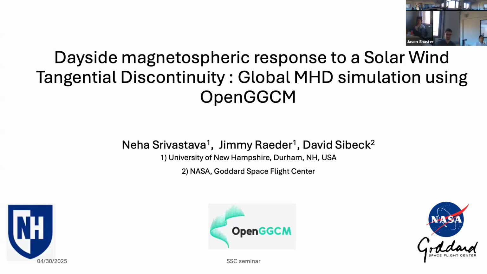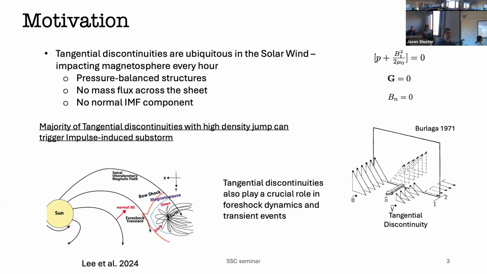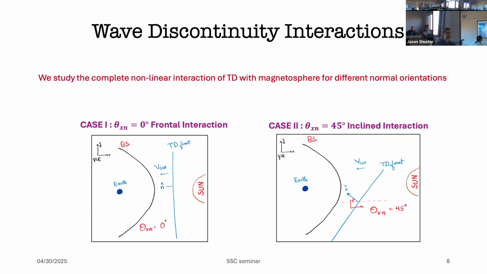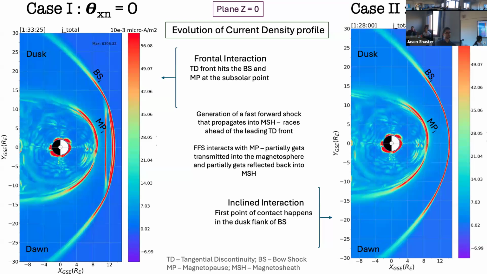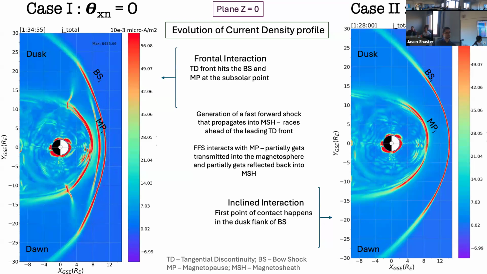So I have two questions. Why did you decide to look at the current density profile as opposed to other parameters? I am looking at other parameters. I'm putting this one here because it's very clearly visible, and I didn't want to put every parameter. Then, if you could go back to the slide that shows the bar of the current density profile, it goes from negative to positive.